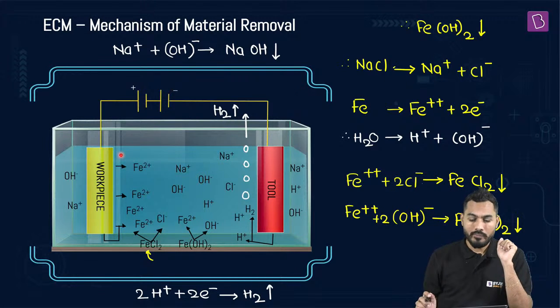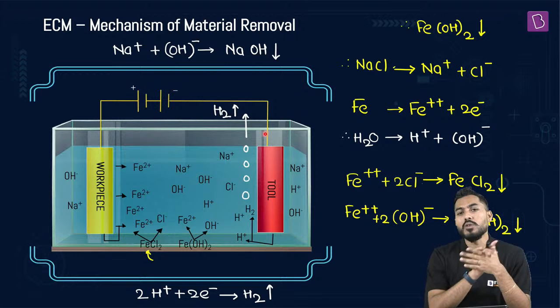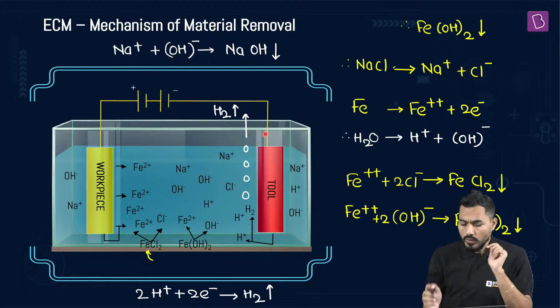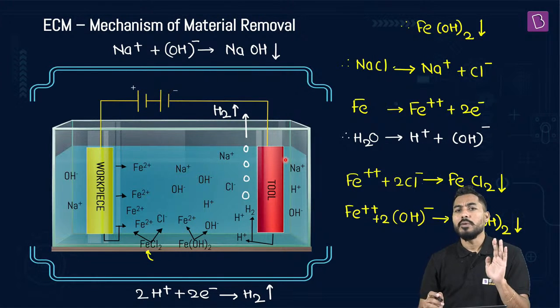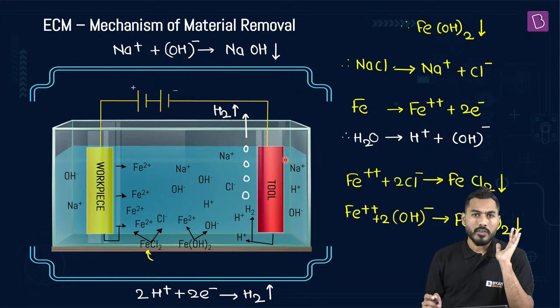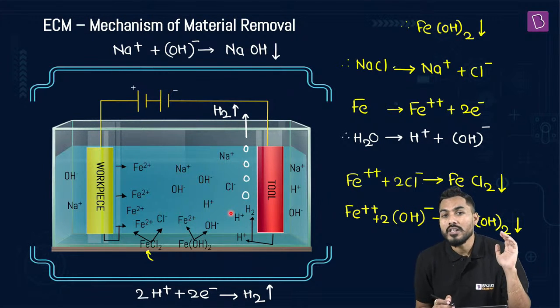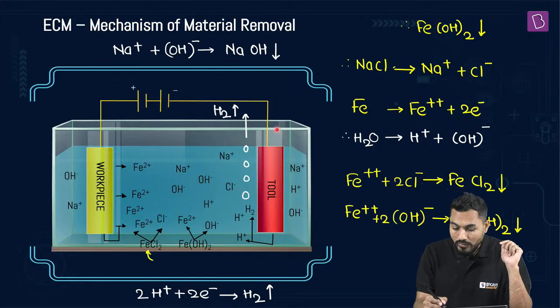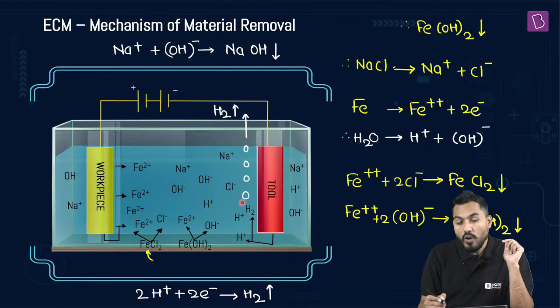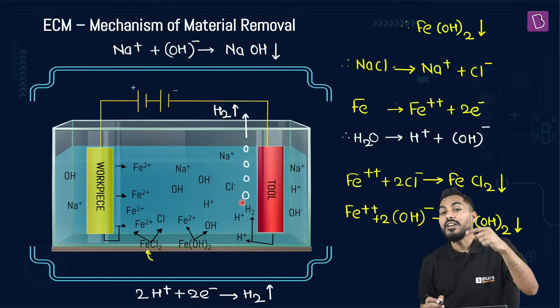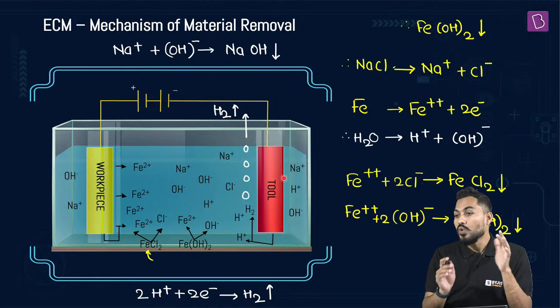Right, fine. Next question: what are the ideal properties of the tool material? We know that the tool, technically speaking, should also be a conductor of electricity. If resistance is created to the flow of current, there will be a loss of energy in the system itself. Whenever resistance is created to the flow of current, a lot of energy might be released as heat, and the temperature of the tool might increase.